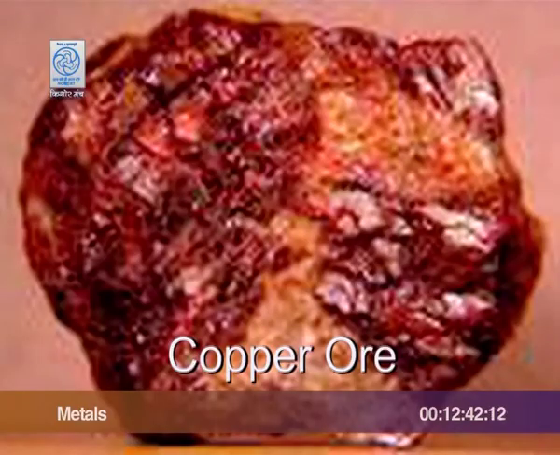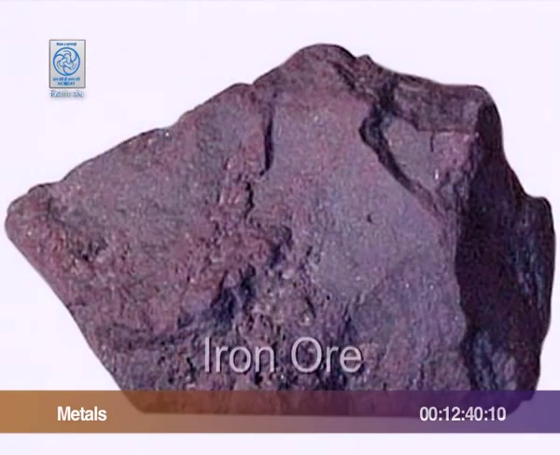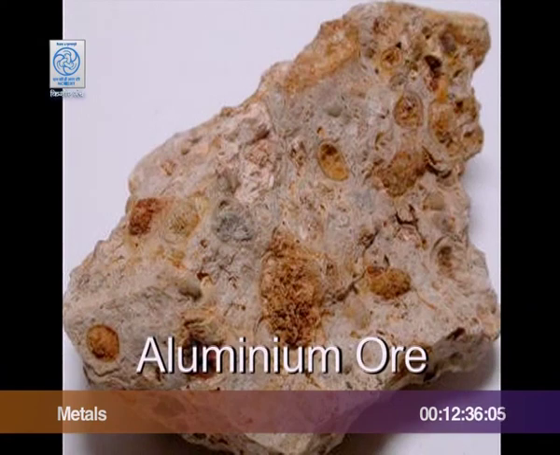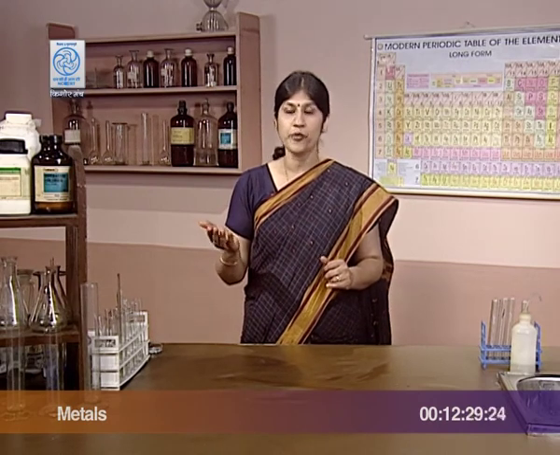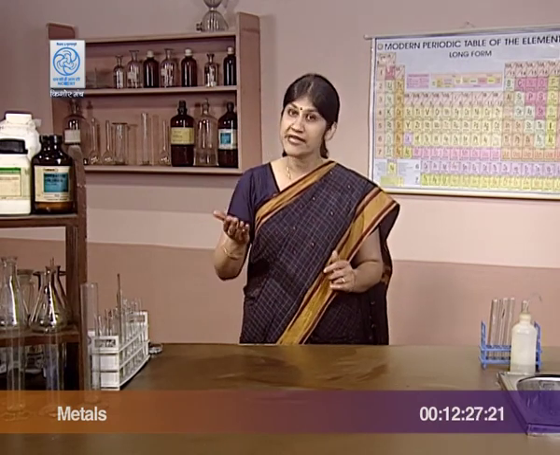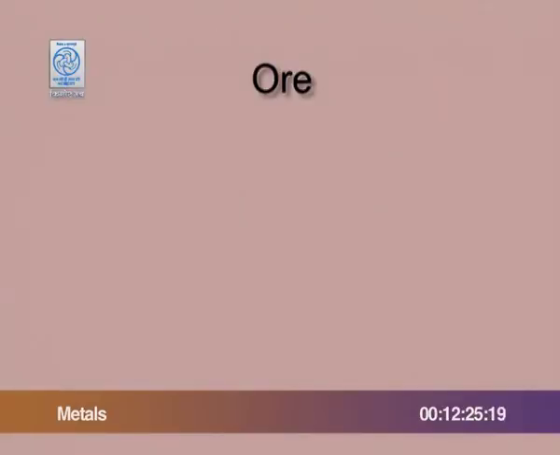Most of the metals do not occur in the pure form. They usually occur in the form of a compound, often contaminated with stone and mud. To obtain a metal in pure state from its ore, a process involving several steps is followed.